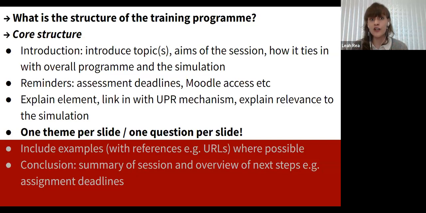And then with your conclusion, make it very clear that it is a conclusion by summarizing essentially what's been covered in the session, and also providing an overview of what we've always called the next steps.